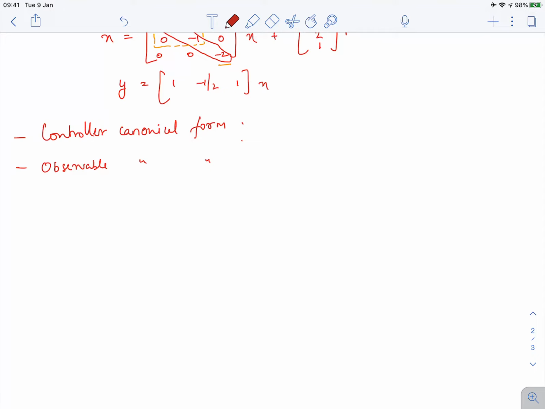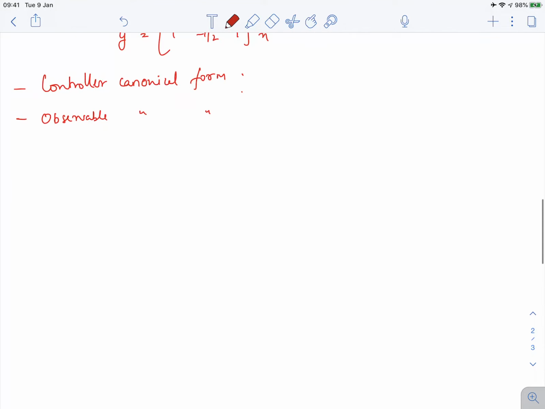So these two forms have some special significance in the system theory or in the control systems. We will come back to the significance of these two forms when we discuss the controller design. But at the moment, we will see only what are the different forms of representing the same transfer function by using the state space. Okay, so first of all, we'll take this controllable or controller canonical form.